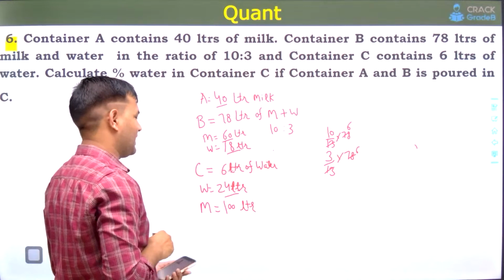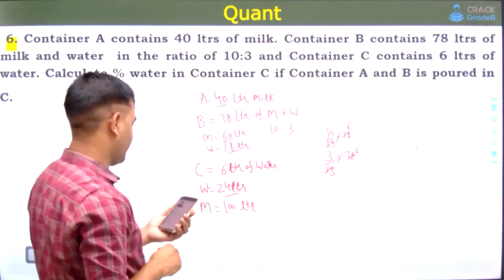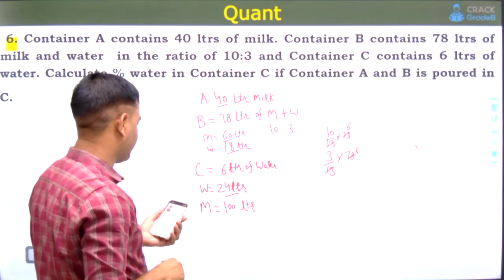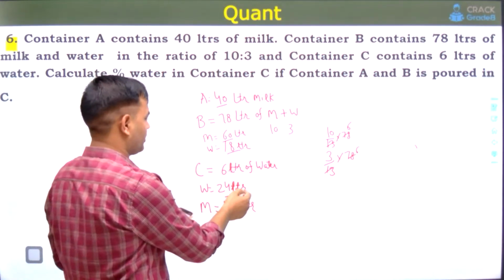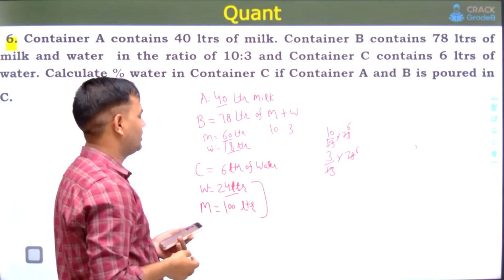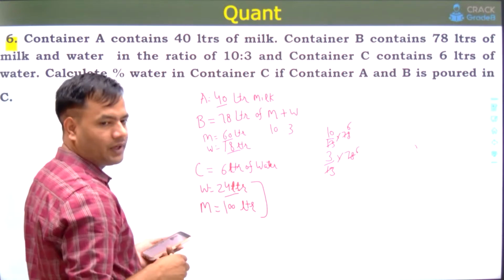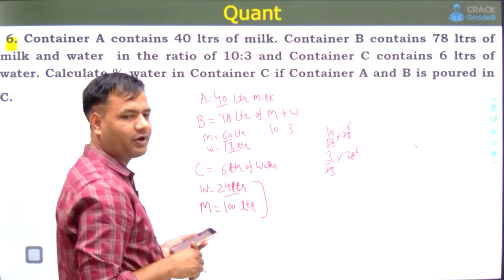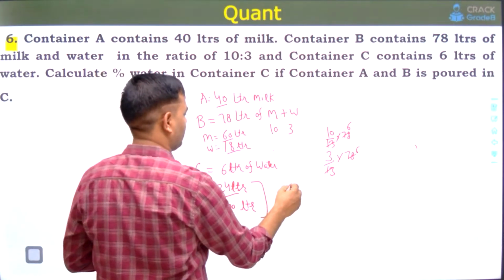So percentage was asked, so from here we can calculate. Because total mixture, total quantity is 124 liter, out of which 24 liter is water. So percentage we can calculate by this formula.